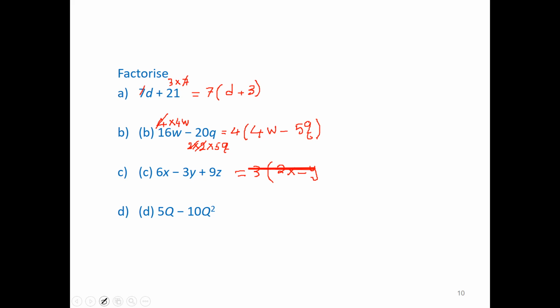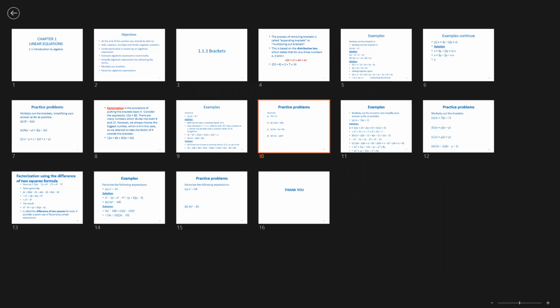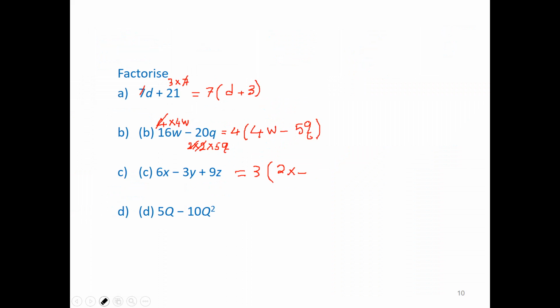Okay, so this is the factorization. If you multiply out this bracket, you should get the original expression, okay?